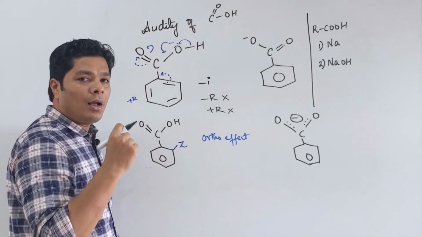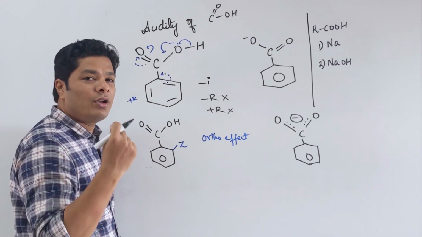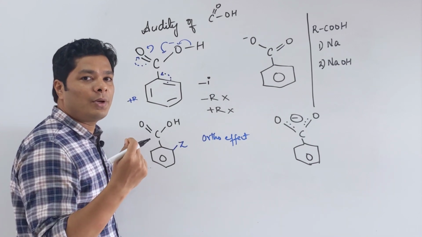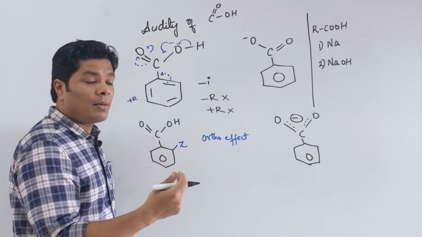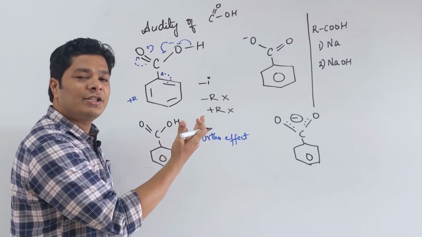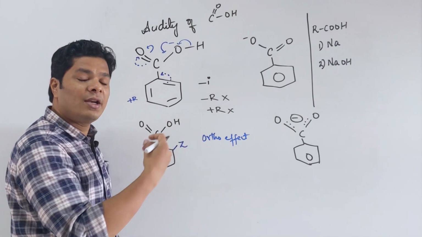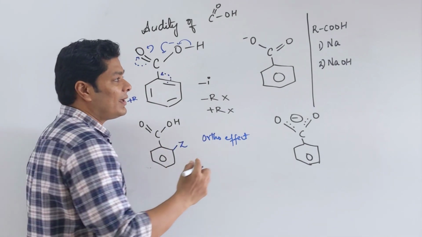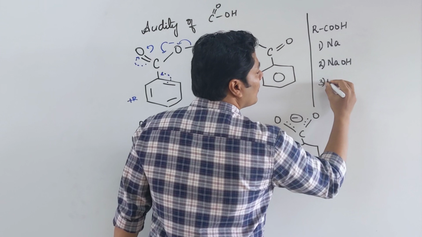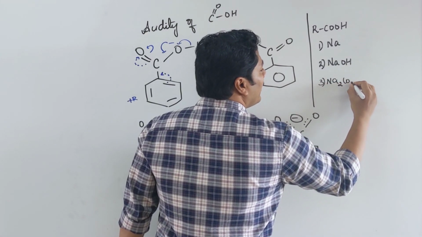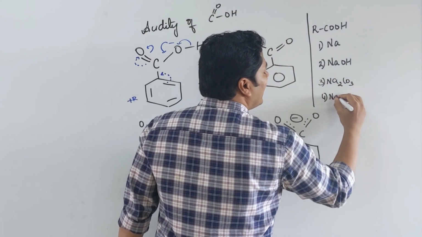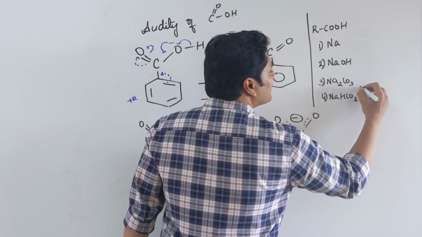But phenol and your acids are going to differ in one particular property. Phenol is acidic, but these are acids themselves. Their acidity is extremely high. Because their acidity is extremely high, they can actually react with weak bases like Na2CO3 and NaHCO3, carbonates and bicarbonates.